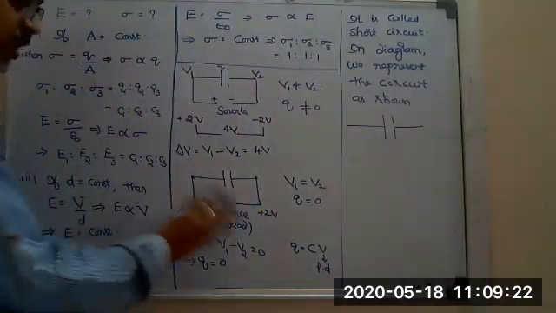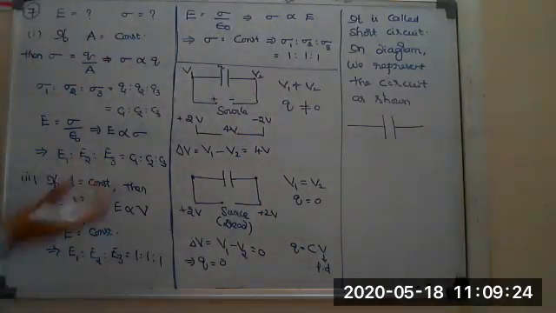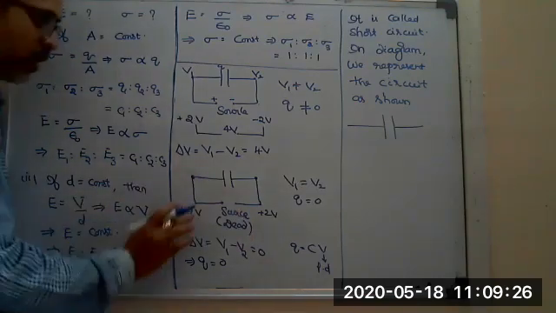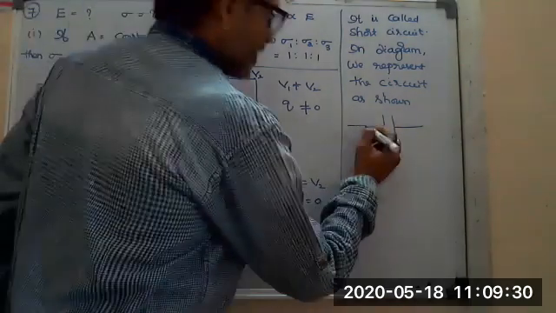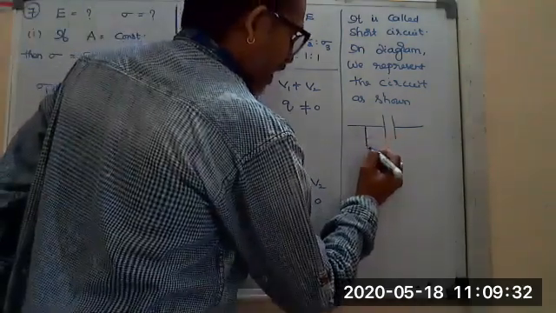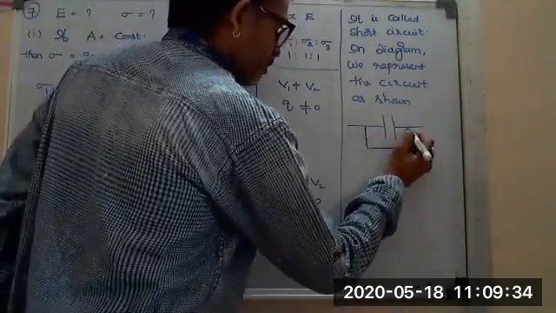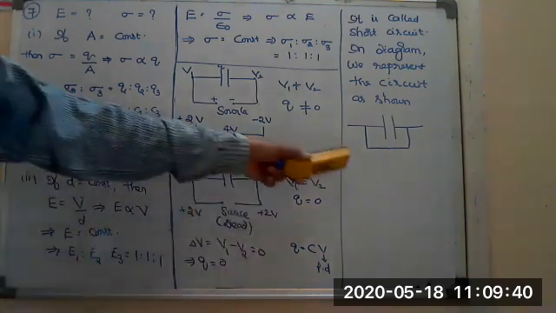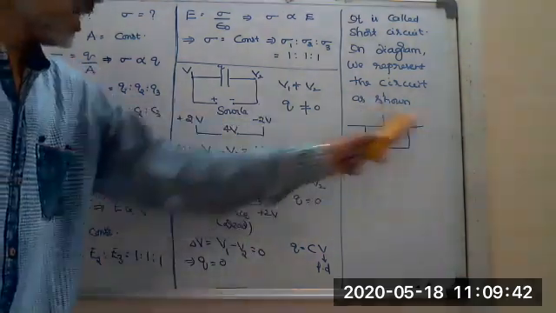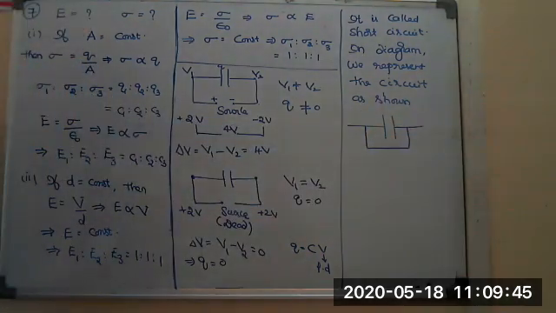Instead of drawing it with plus 2 and plus 2, or 0 and 0, or minus 2 and minus 2, I simply draw it like this. If I draw it like that, you can understand that there is no potential difference between the two ends.